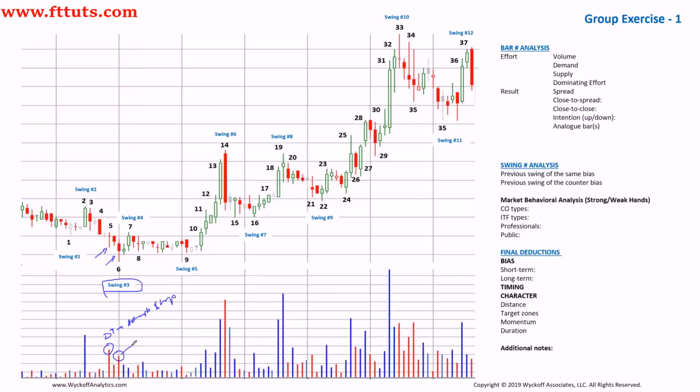As the supply signature goes down, we also see that on decreasing effort, the price goes up the same distance as on bar number 5. So we see some kind of ease of movement to the upside that suggests that supply might be exhausted.